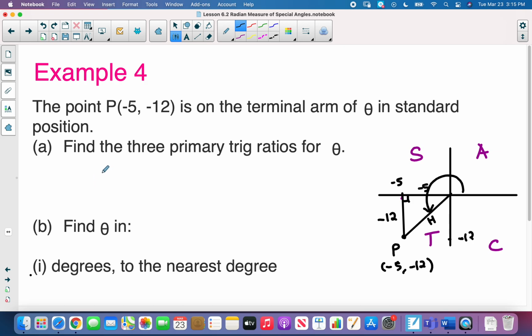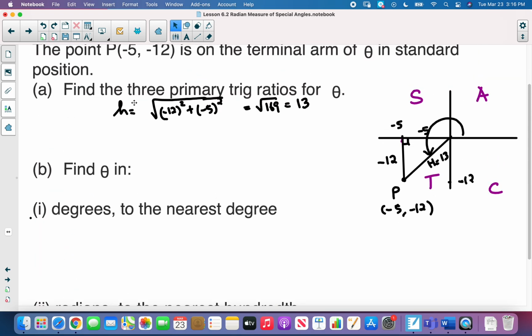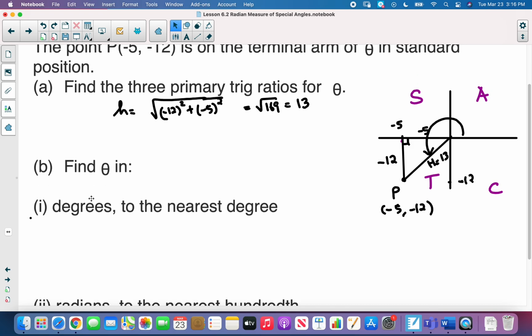So I'm going to find the hypotenuse or the radius of this. The hypotenuse is the square root of negative 12 squared plus negative 5 squared. That works out to root of 169, which is equal to 13. So I know this length is now 13. Okay. The primary trig ratios, let me just write it over here. Sine of theta, so let's say this is my angle theta.